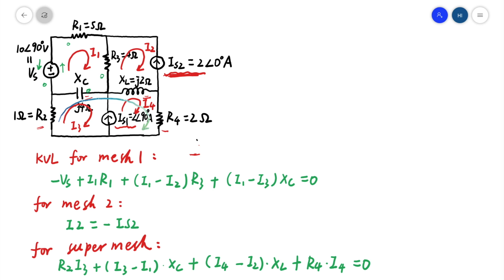So another equation will be I4 minus I3 equal IS1. Since the mesh current I4 has the same direction as IS1, and the current I3 is in the other direction, we need to use I4 minus I3 equal IS1.